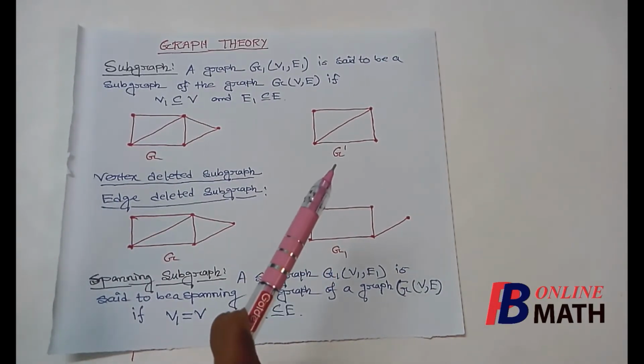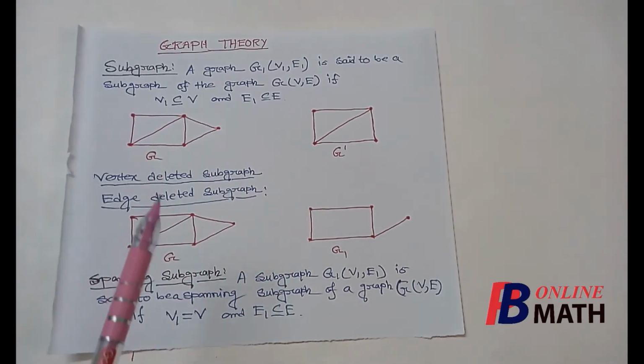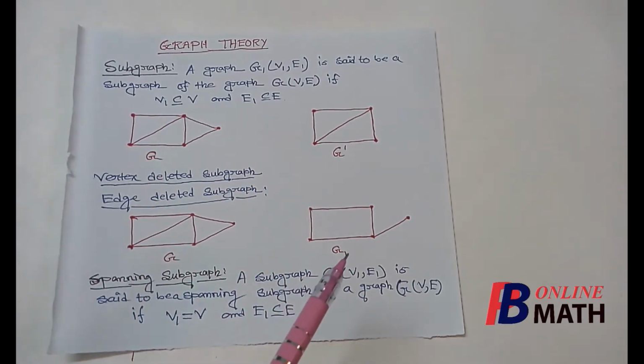So this G dash is not a spanning subgraph of this graph G, but this G1 is a spanning subgraph of this graph G. Now, by the definition, any graph is a spanning subgraph of itself.